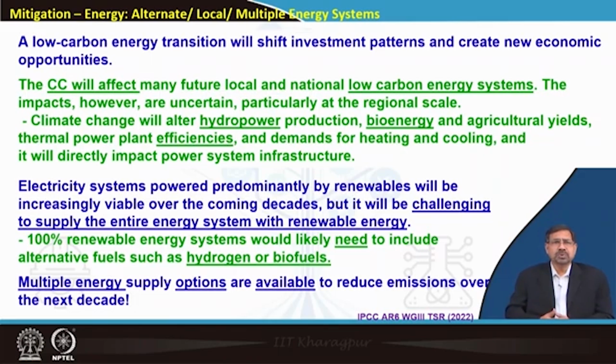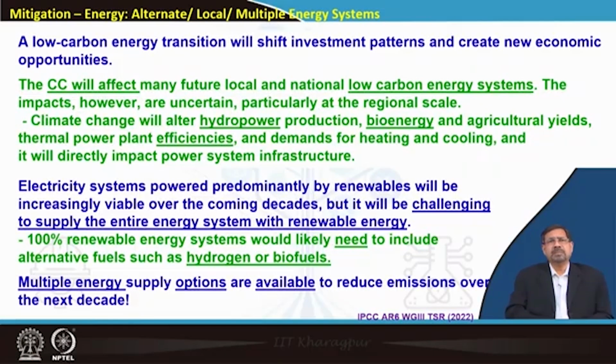Climate change will affect many future local and national low carbon energy systems. The impacts, however, are uncertain, particularly at regional scale. So, as you mentioned, it varies in terms of capability and circumstances from nation to nation, and a lot of uncertainty also exists at a regional scale.